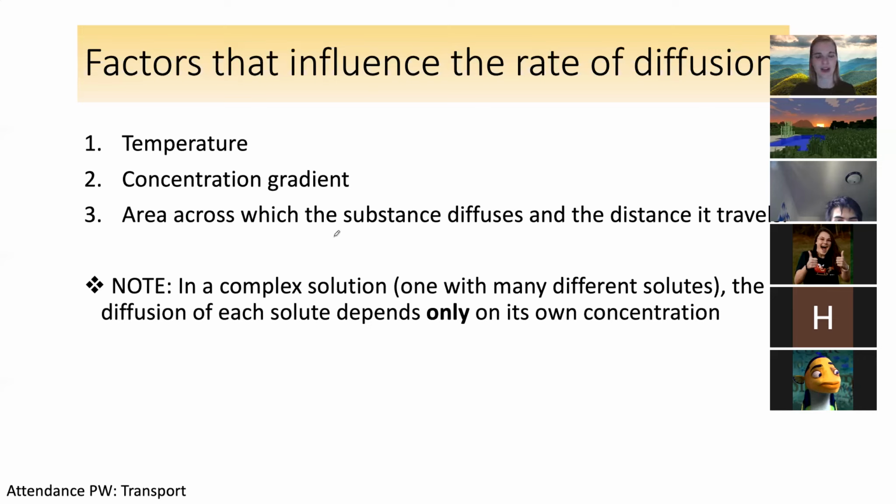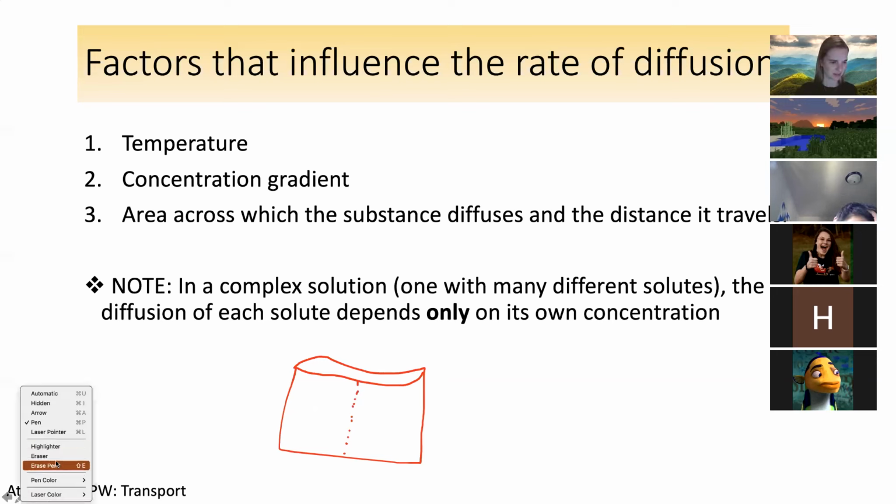So let's just draw a little picture here. Let's say I had this goofy beaker that I got a discount because it's really wonky looking. And let's say that this beaker had a membrane separating one side from the other, right?